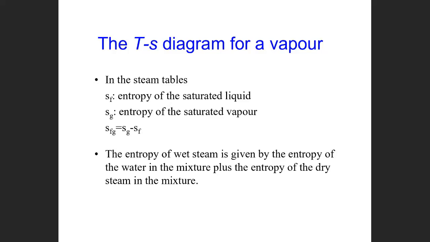Then the entropy of wet steam is given. Also we have assignment number 1, where I'm asking you to calculate, with the given entropy for the wet steam, its enthalpy. So you need to calculate the dryness fraction and then calculate the specific enthalpy.